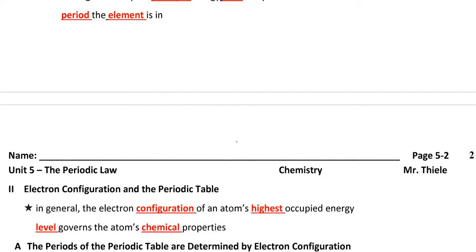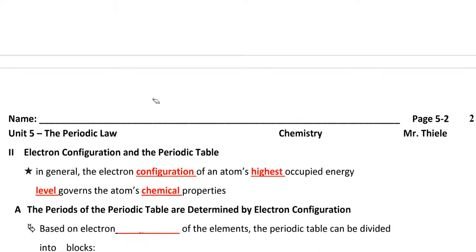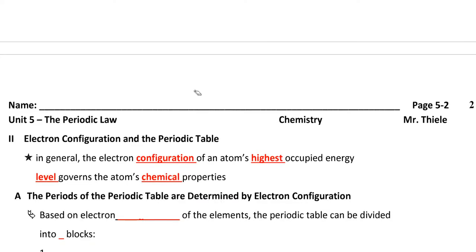Let me repeat that. Chemical reactivity is related to the electrons that an atom has in its highest occupied energy levels. Okay, so the periods of the periodic table are determined by electron configuration.